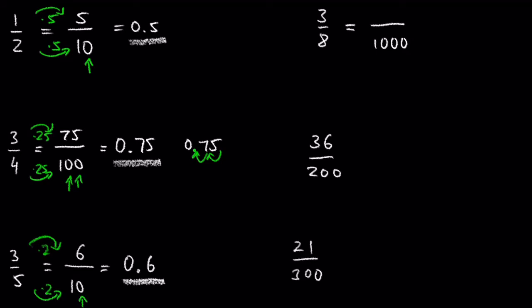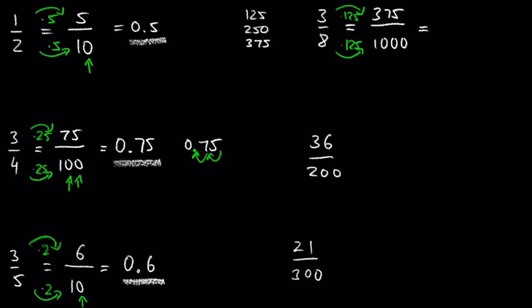8 times 125 is 1000, and 3 times 125 is, let's see, 125, 250, 375.